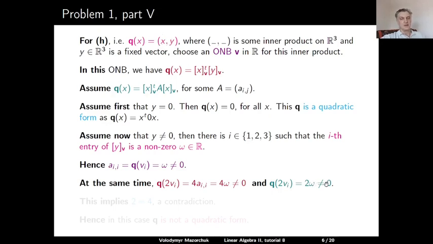And again, this is a non-zero real number. So we get 4 omega is equal to 2 omega, and omega is a non-zero number. We can cancel it and get 2 is equal to 4, a contradiction. This implies that in this case, our formula for q does not define a quadratic form. So this completes problem 1.